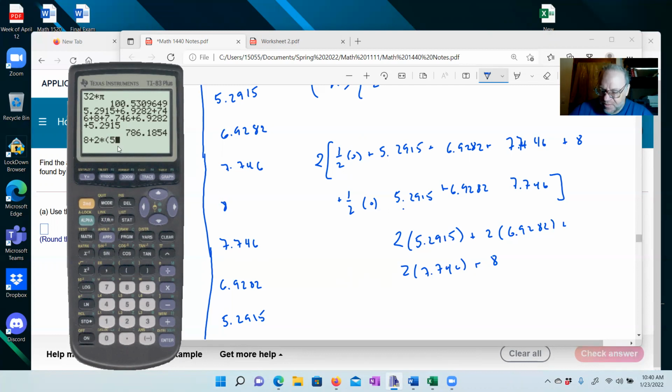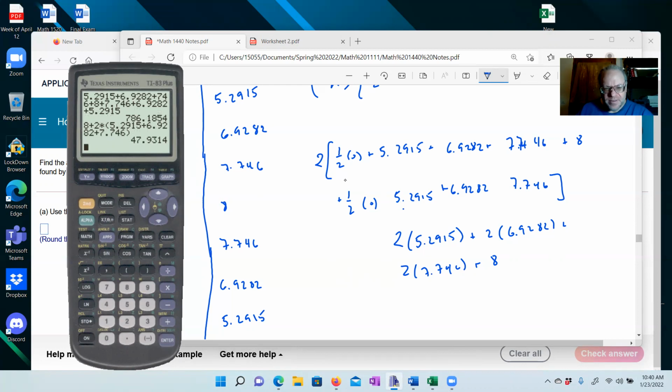So that's 5.2915 plus 6.9282 plus 7.746, and parentheses. That gets all of this stuff here. We have 1, 2, 3 numbers here times 2, and an 8 at the end. All right, so there we go.